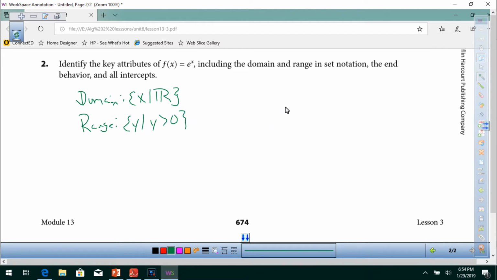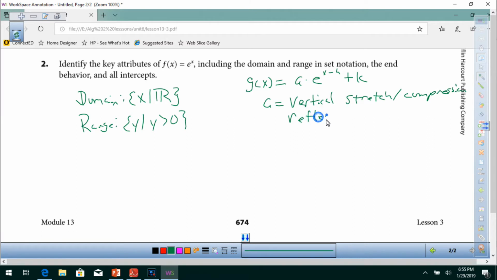Oh, we haven't done that part yet. Well, let's do that real quick. G of x equals a times e to the x minus h plus k. So what does a do? Vertical stretch or compression, and reflect over the x-axis if it is negative.